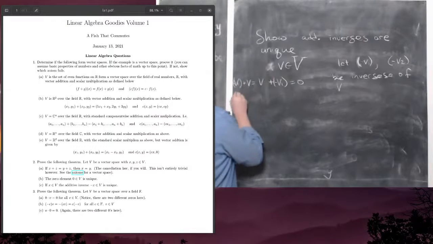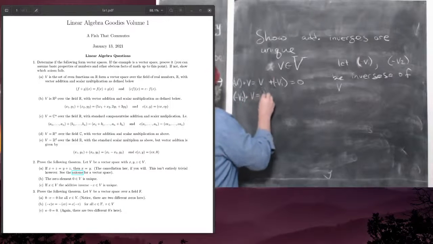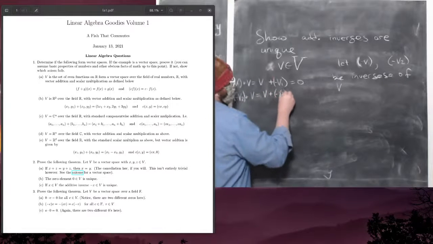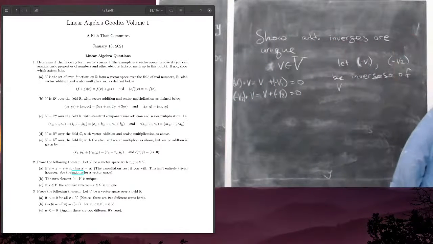Right, and it works both ways. What could we do? This one's pretty trivial too, actually.